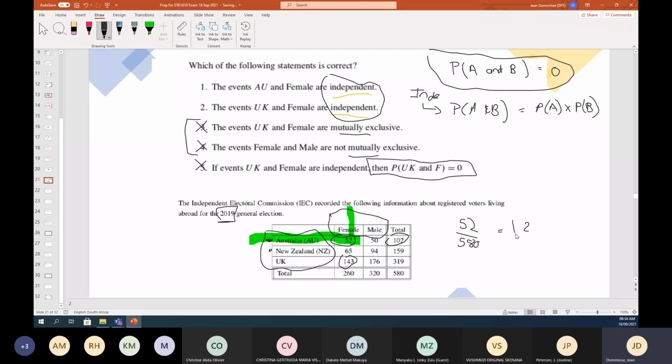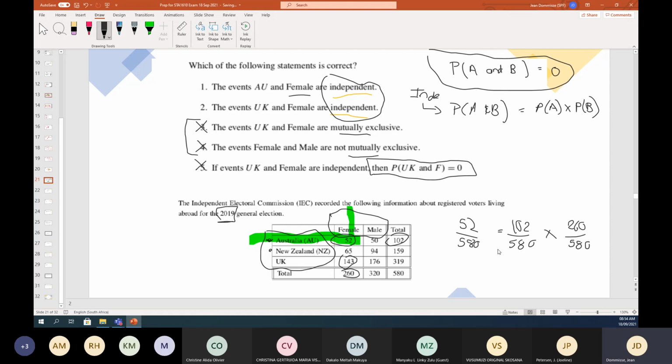So the probability of A is 102. So that's the probability of living in Oz, times the probability of being a female, which is 260 divided by 580.